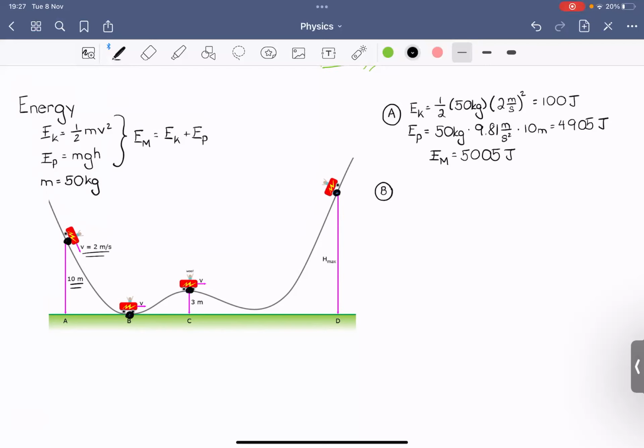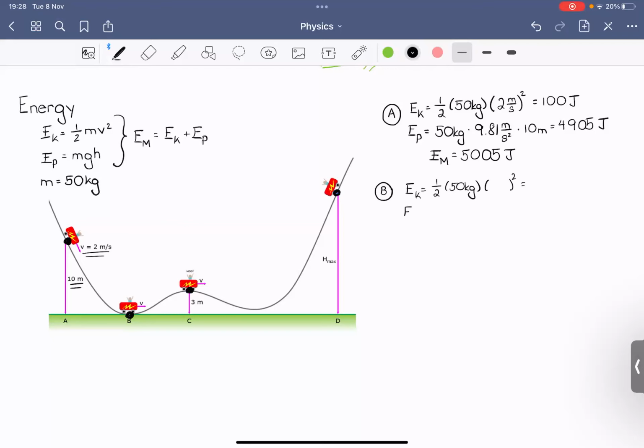Okay? So every other point is a whole other different context. So in this very first context, in point A, we had a velocity, we had a height, therefore we had both energies. In point B, we don't really know the velocity. So if we try to do our formula, so 50 kilograms, we're going to get stuck at the velocity because we don't know it just yet.